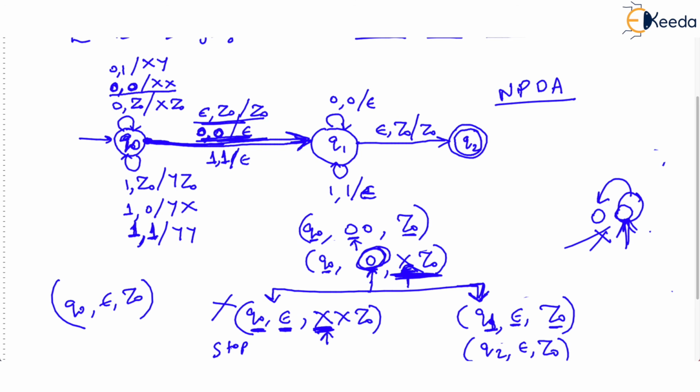The most important thing in this problem: where do you explain non-determinism of this PDA? If the string is 0 1 1 0 1 1 0 1, let's say, this is a palindrome. Whenever there is an input repeating itself, PDA assumes two things: that center is not reached or center is reached.